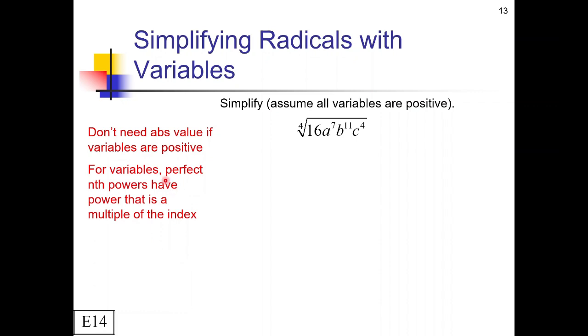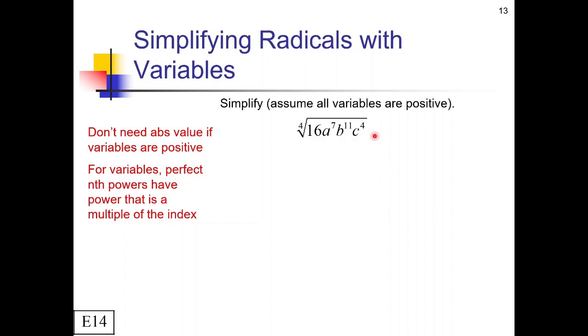But in this case, for variables, perfect nth powers are going to have a power that's a multiple of the index. So in this case, perfect powers of 4 that have variables, it's going to be that variable to some multiple of 4. So that's how we're supposed to split things up here. So if that makes any sense to you, pause the video and try this one out, and then we'll bring it back together and see where we stand.